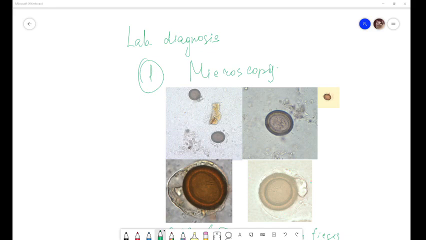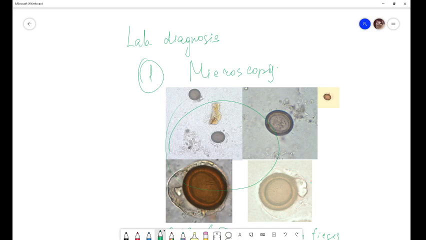When you find their eggs in feces, you can detect what species, what type of worm is living inside the human organism now, because all of these eggs are from all the species I told you about.